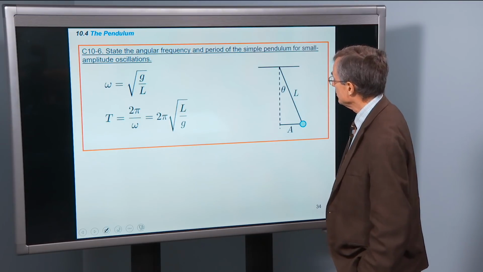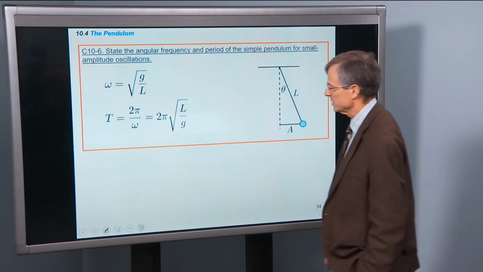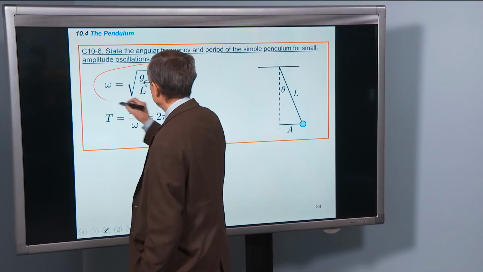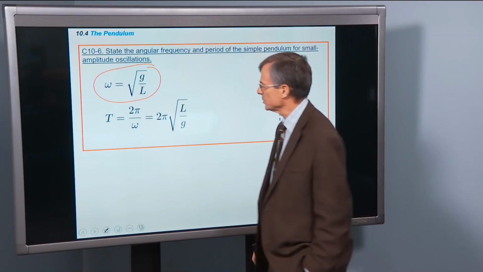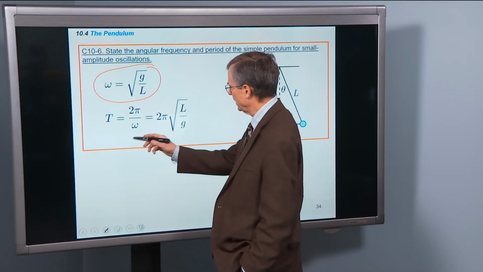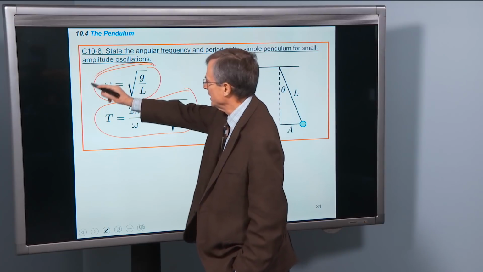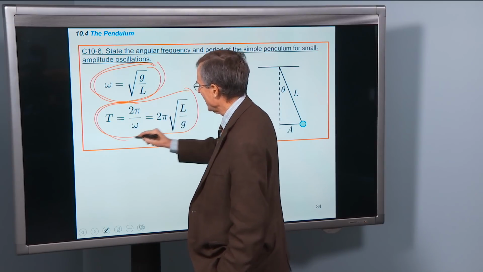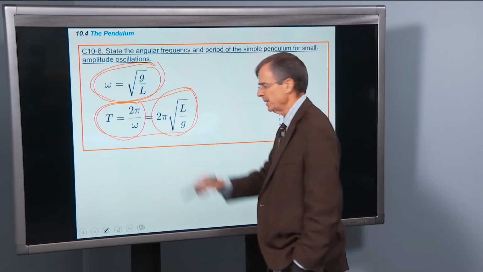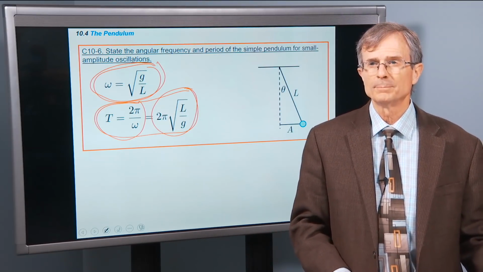State the angular frequency and the period of a simple pendulum for small amplitude oscillations. Well, this is what we found. Square root of g over L for the angular frequency, and then for the period it is 2 pi times the square root of L over g. If you just remember this, and you already know that, then you can find this. I would just memorize as few equations as possible.